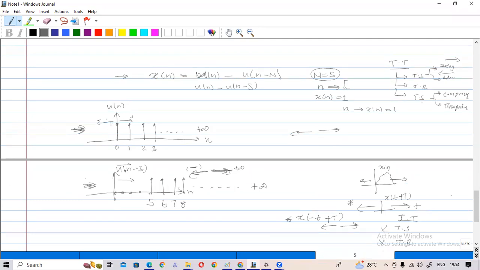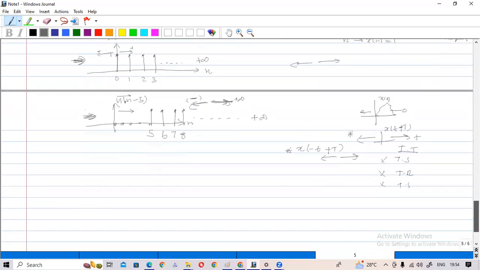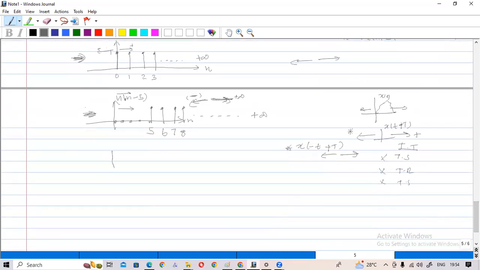So what is the resultant signal you will get? All these are 1. So you have 4, 5, and so on, all of these are 1.